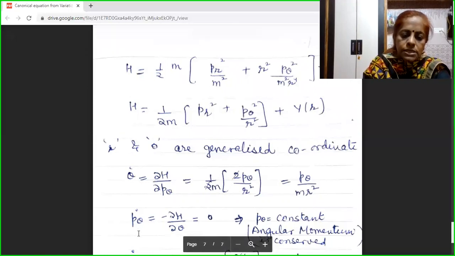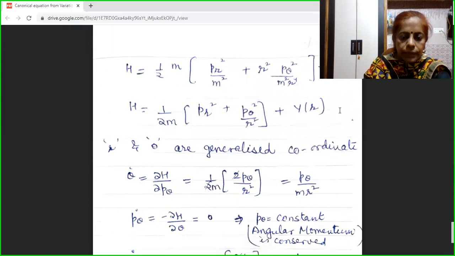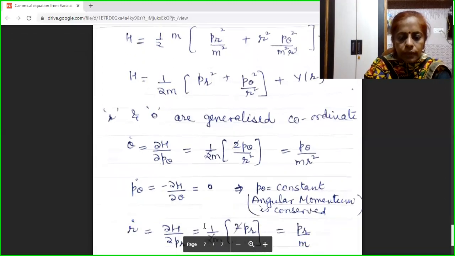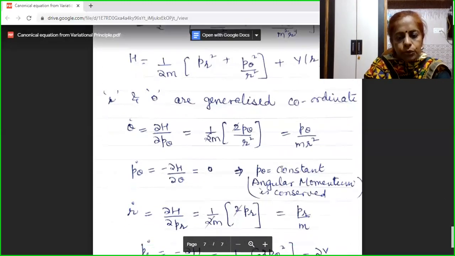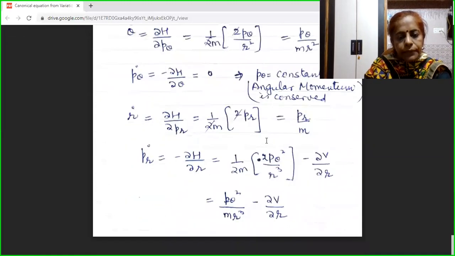Another expression is P theta dot equal to minus del h upon del theta. As we can see, there is no term containing theta, so P theta dot equals 0. Hence P theta comes out to be constant. That means angular momentum is constant.